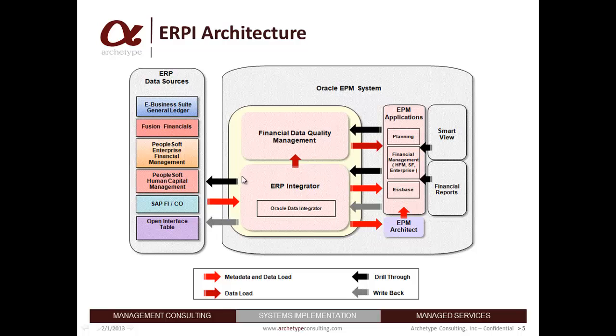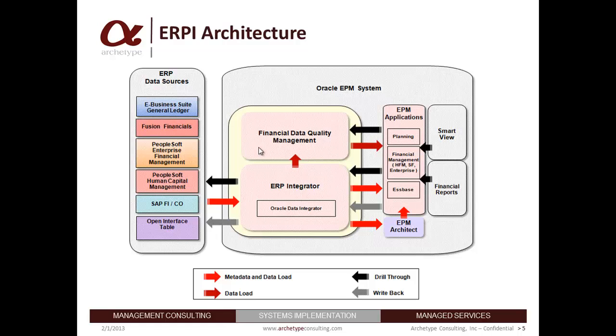If you're using both tools, basically what happens is ERPI with ODI becomes your vehicle, and the steering wheel and the radio are FDM. And so what you're using on a daily basis is FDM. You're doing the imports, you're checking your mapping, you're verifying, you're using the batch process in FDM.